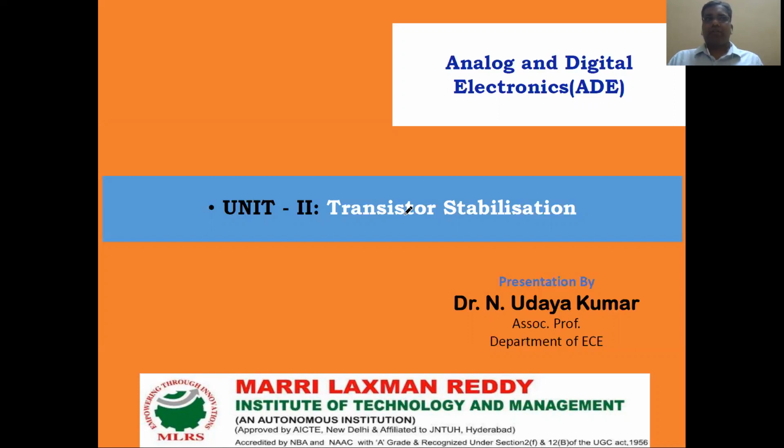The intersection of the DC load line and the AC load line we call the operating point, Q point, or quiescent point. This Q point may vary based on temperature, physical variation of different transistors, and thermal runaway. These are the concepts we saw in the previous class.